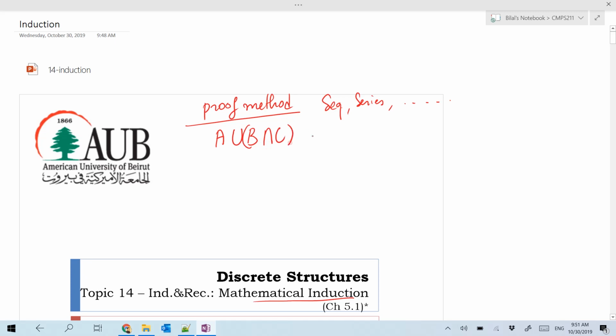is equal to A union B intersect with A union C, which is one of De Morgan's law for set identities. And we have a strong feeling that even if we have A union B intersect C intersect D, then we can do the same thing.